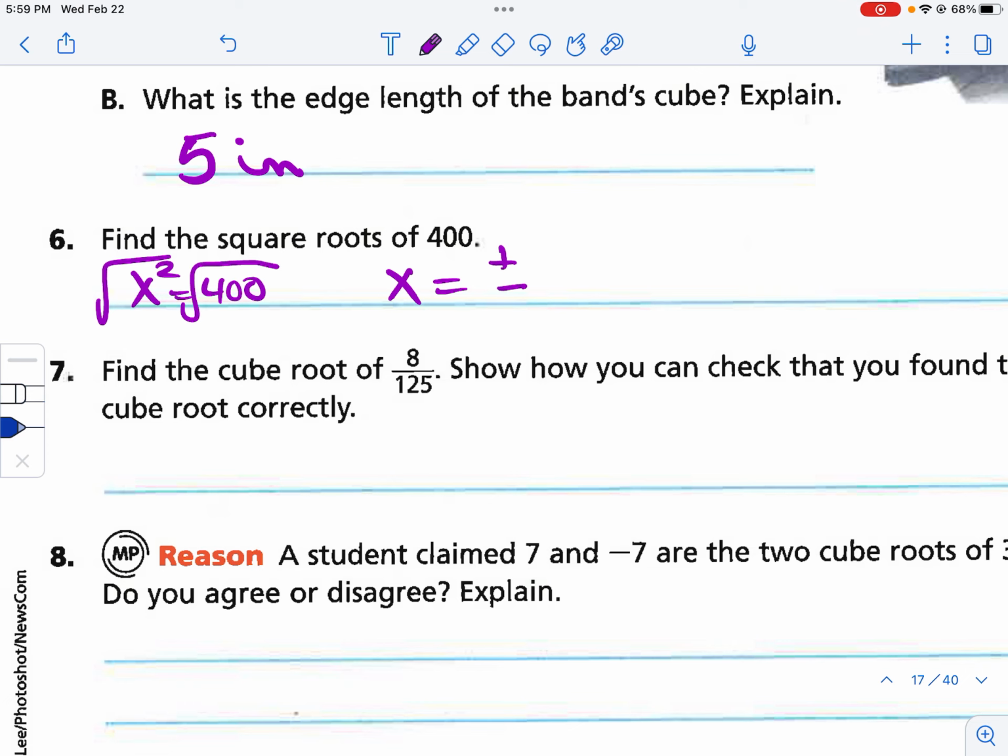Well, we know 2 times 2 will get us 4. 10 times 10 will get us 100. What about 20 times 20? What will that get us? That'll get us 400. So plus or minus 20.